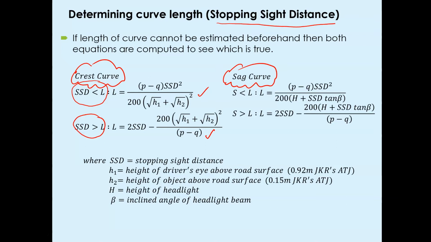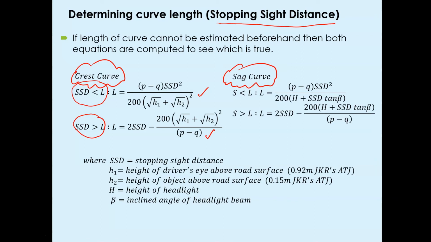If you cannot estimate the length of the vertical curve beforehand, because you know the sight distance that you require, but the standard says you require a certain length, then you're going to build a vertical curve, but you're not certain what length is needed to provide the required sight distance.